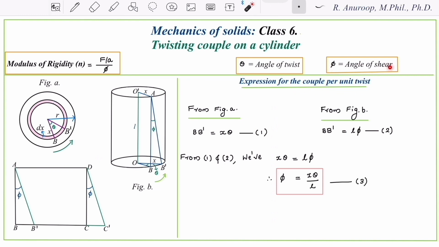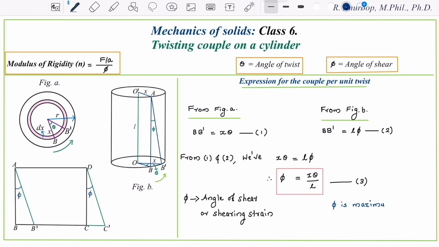From equation 3, we have two conclusions. The angle of shear or the shearing strain phi is maximum when x is equal to r, that is, at the rim of the cylinder of radius r.